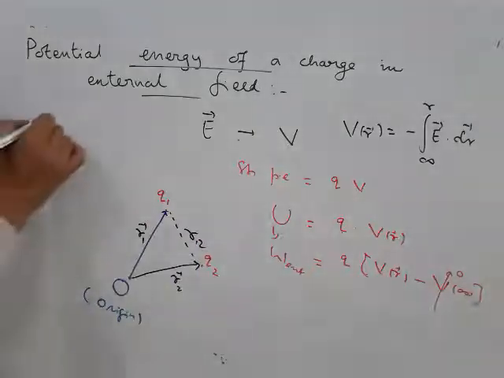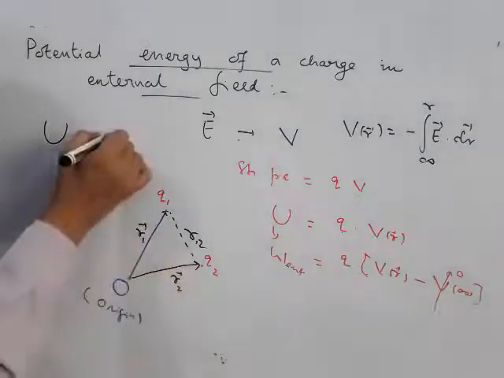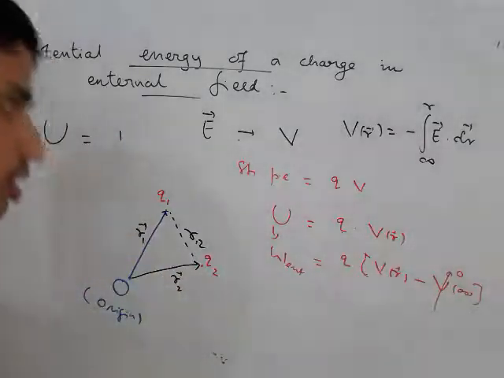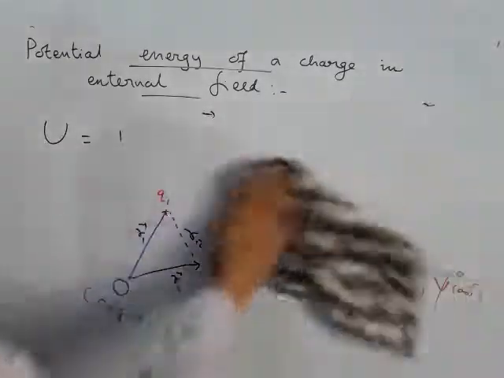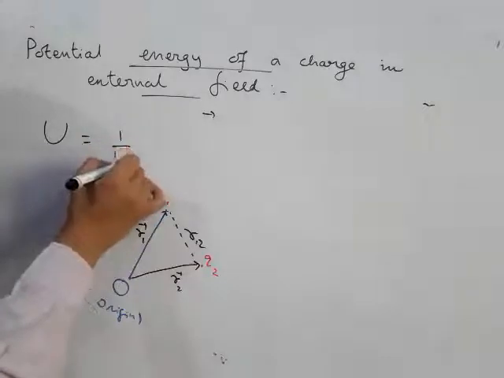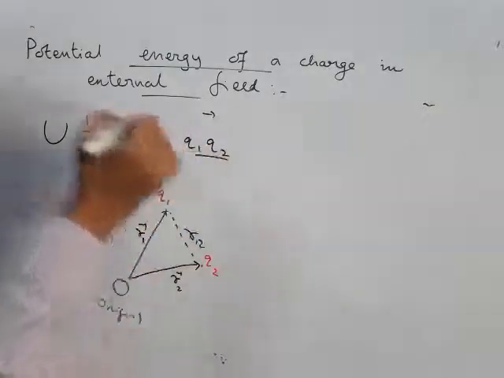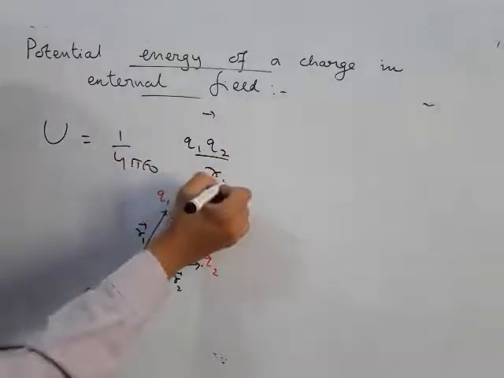In this case, what will be the potential energy? Now see, the potential energy for a pair of charges, you already know the formula, students. That is how much? For a pair of charges, the potential energy is 1 upon 4 pi epsilon naught times the product of charges Q1, Q2 divided by separation between them.